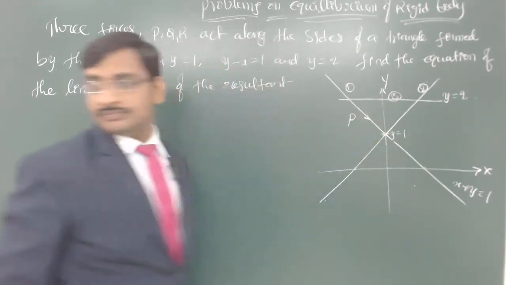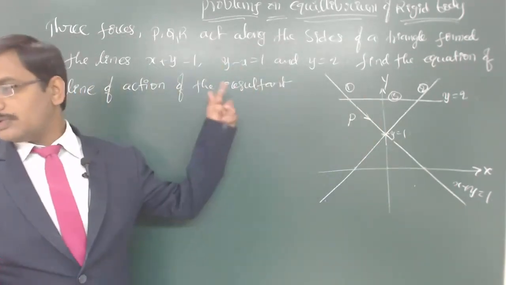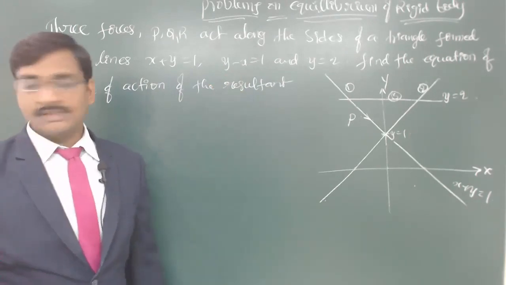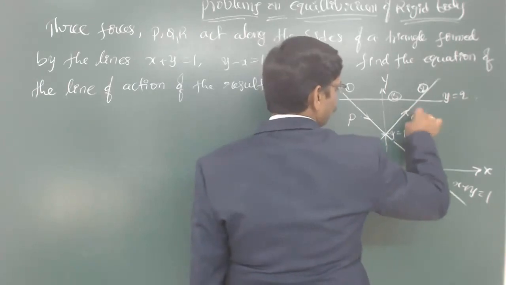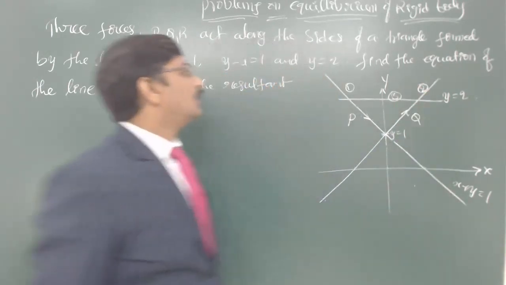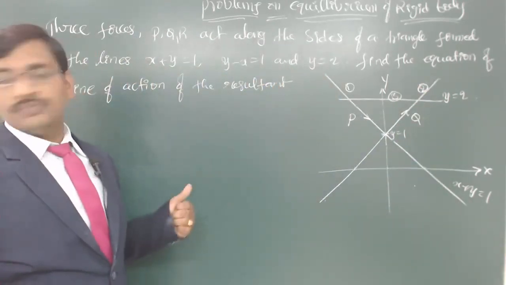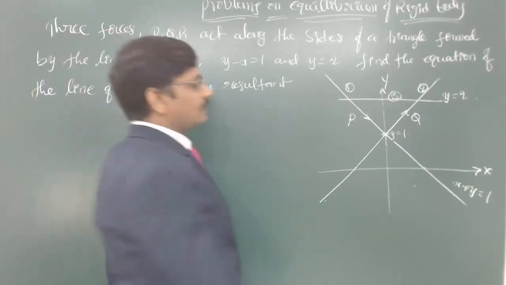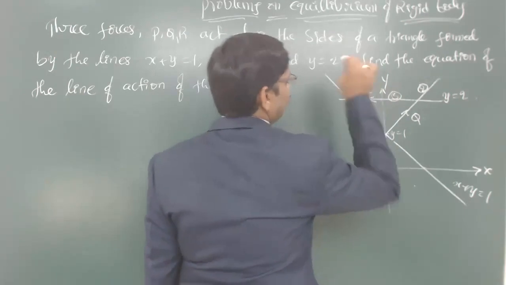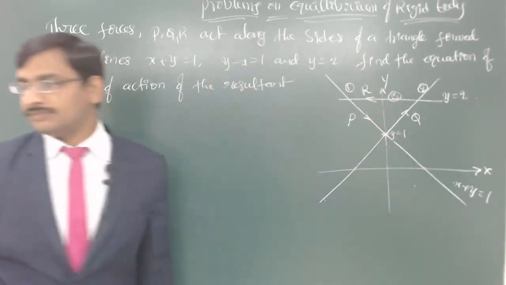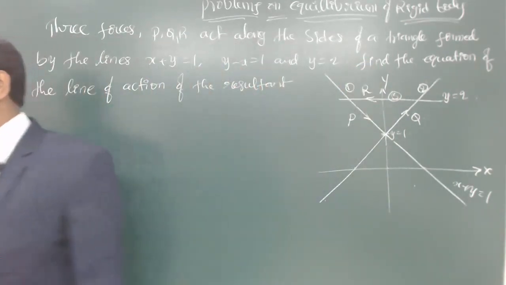A force Q acts on the second line, y minus x is equal to 1. Along the third line, y is equal to 2, the other force R is acting. Got it?